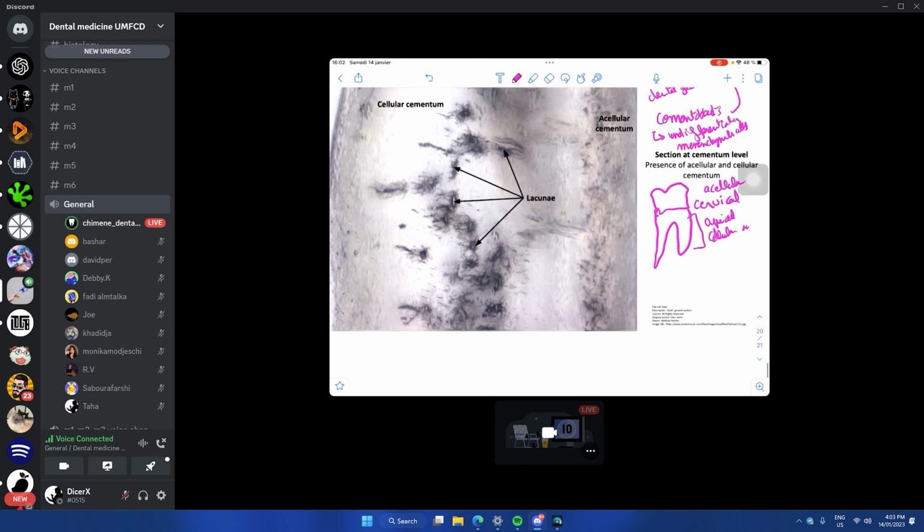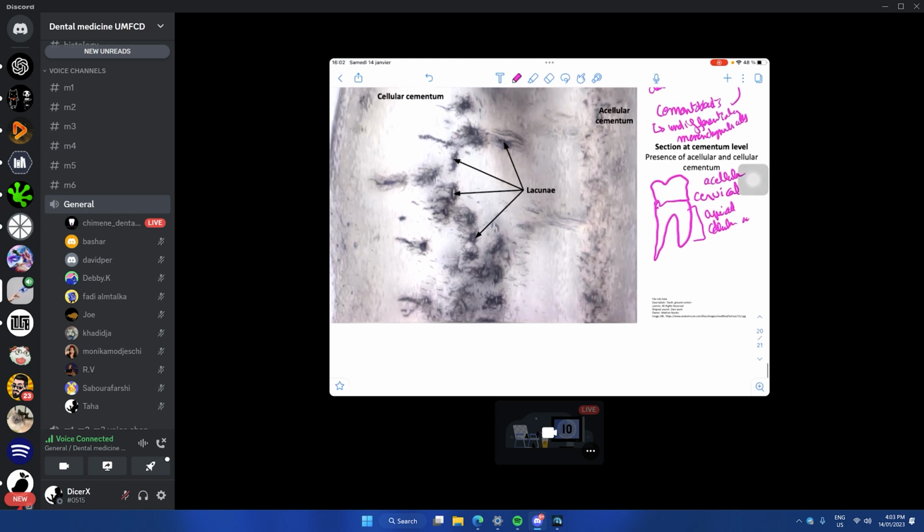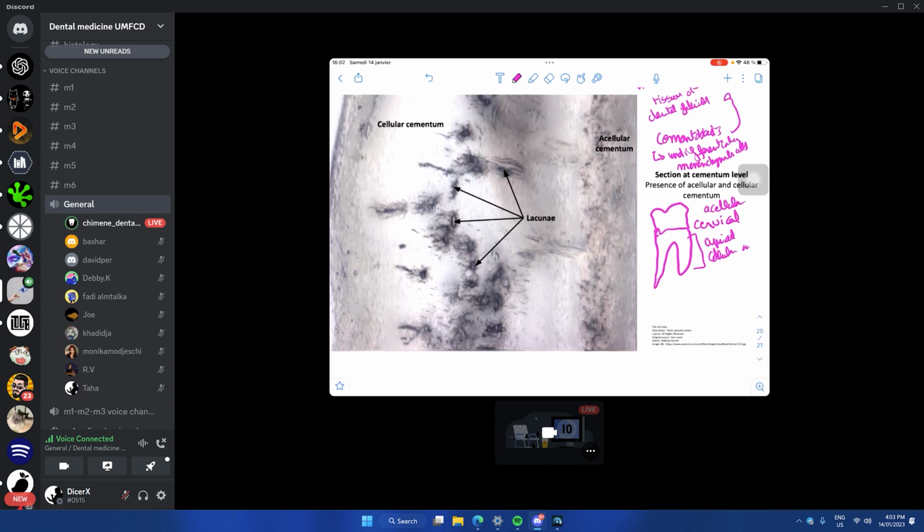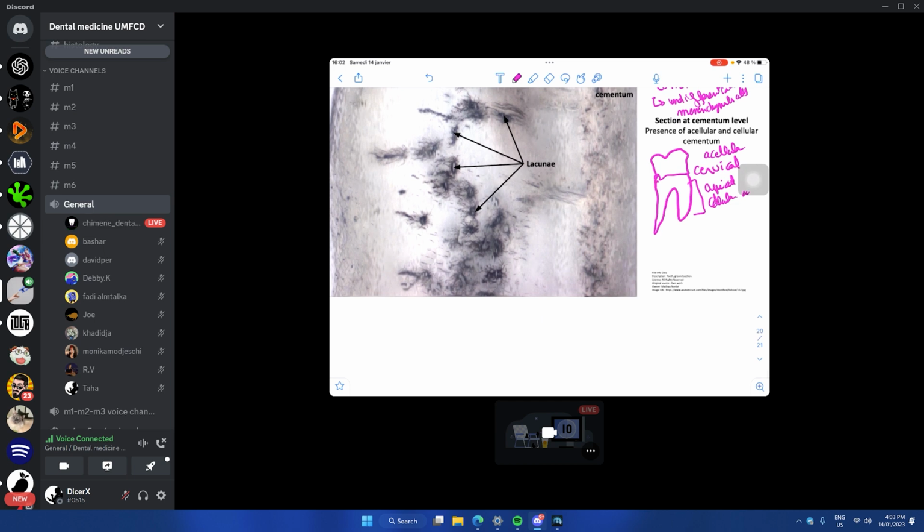I have to tell you that the mesenchymal cells are in the connective tissue of the dental follicles also.